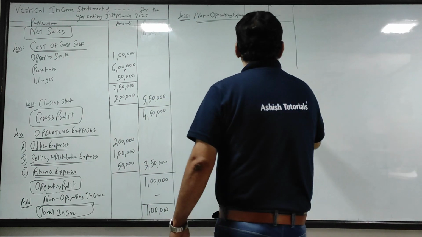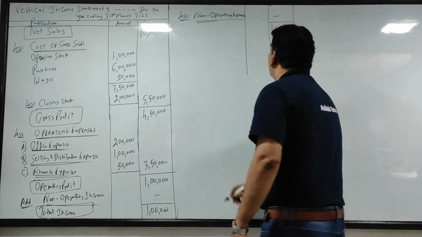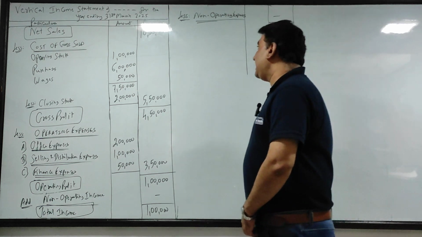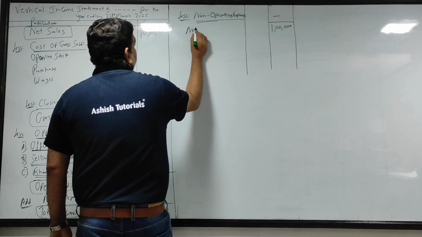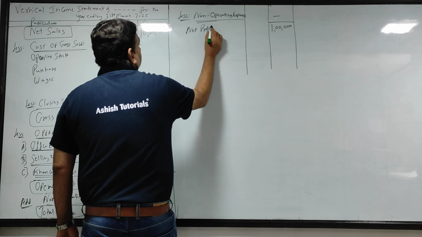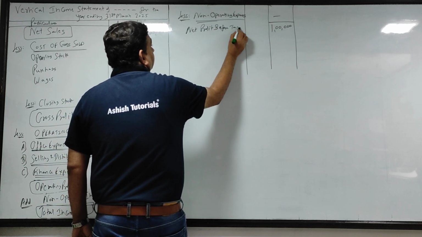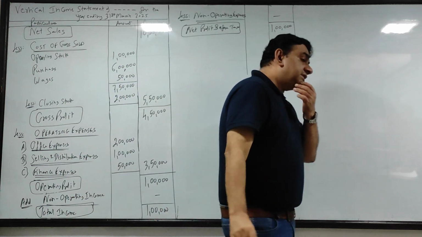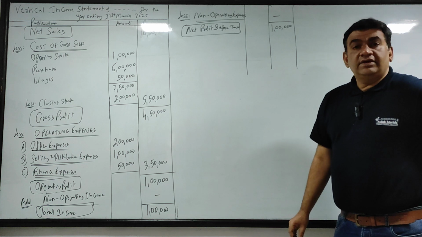So 1 lakh minus 0 again gives you 1 lakh, and this 1 lakh will be your net profit before tax.